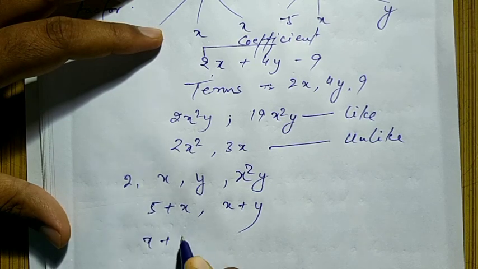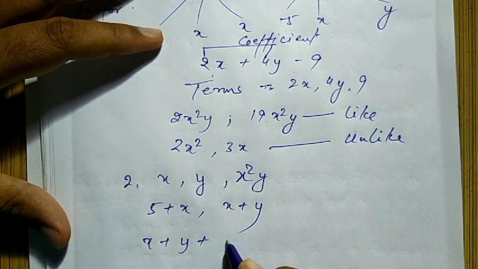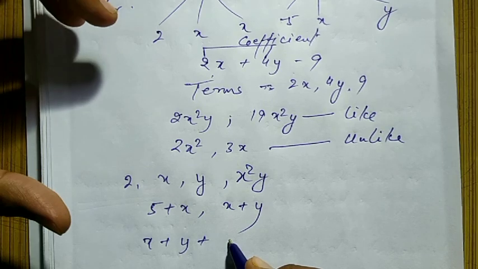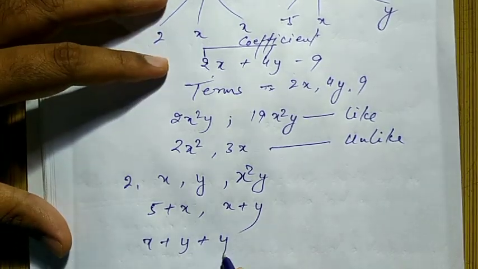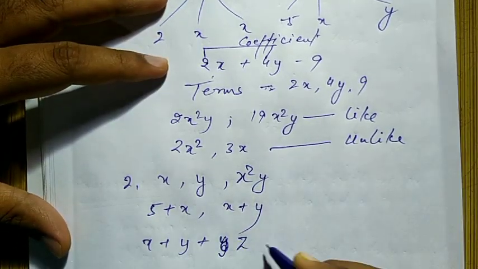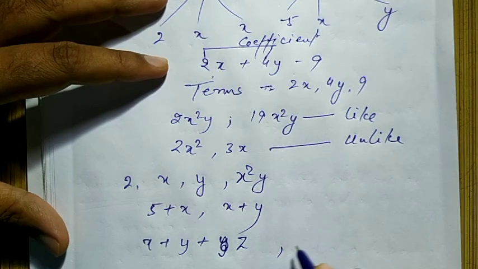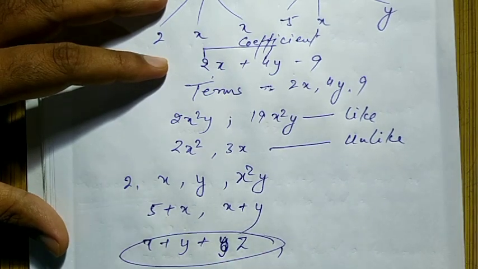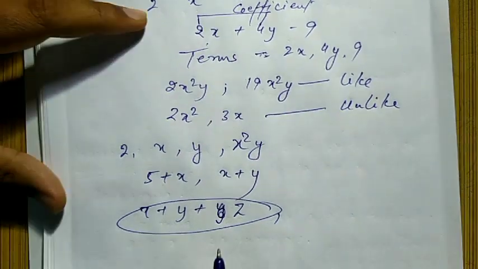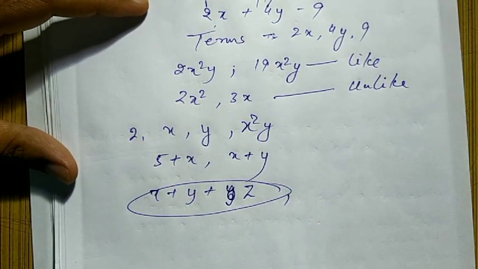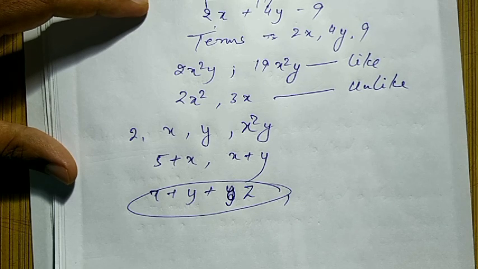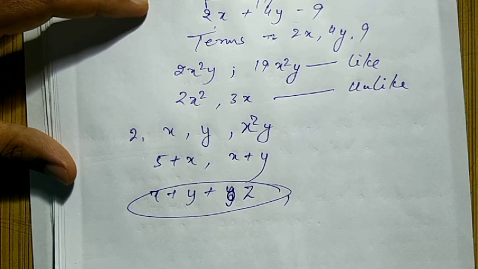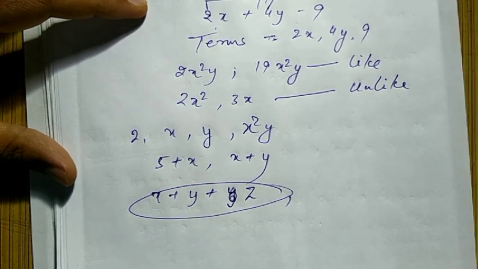Trinomial: an expression which contains three unlike terms, like x, y, z. These are trinomials. And last we discussed polynomials. An expression with one or more terms is called a polynomial. So monomials, binomials and trinomials are all polynomials.